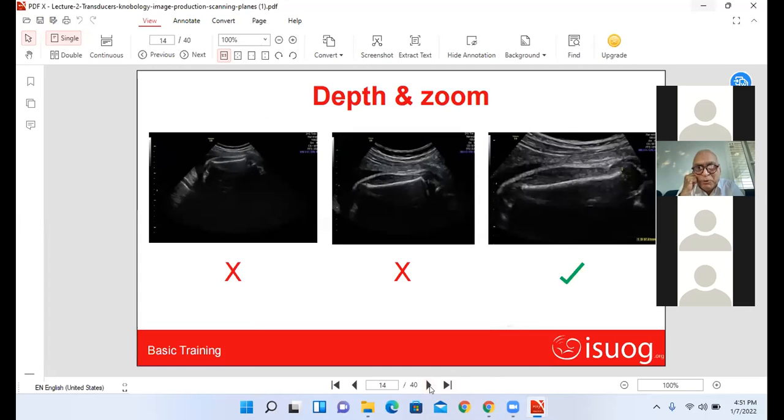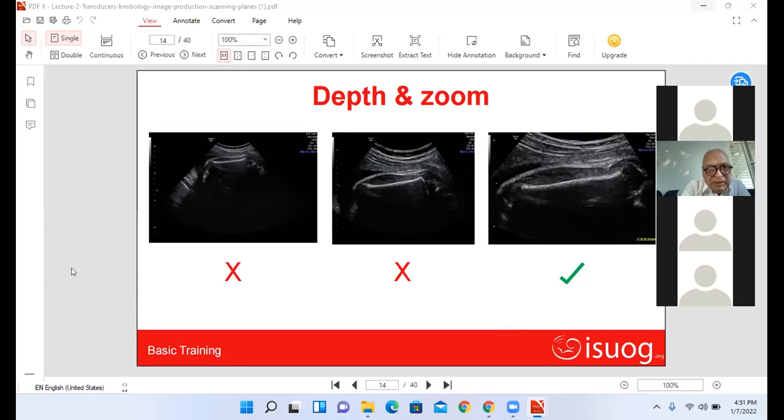Depth and zoom. Yeah, this is very important. Let us say the structure we want to study is the femur. So what we see here in the first picture, there is a cross. The second picture, there is a cross. What we have done is, the first picture shows the femur is very close, and we are sending sound waves much behind. It is unnecessary.